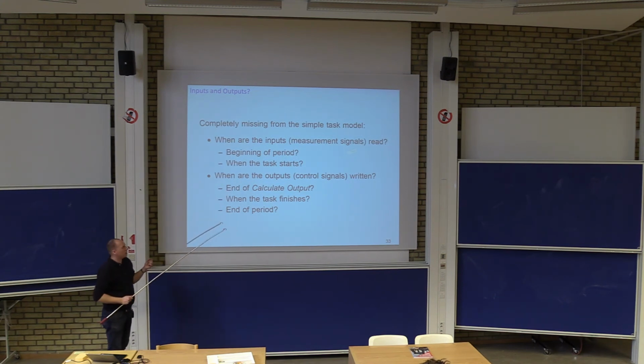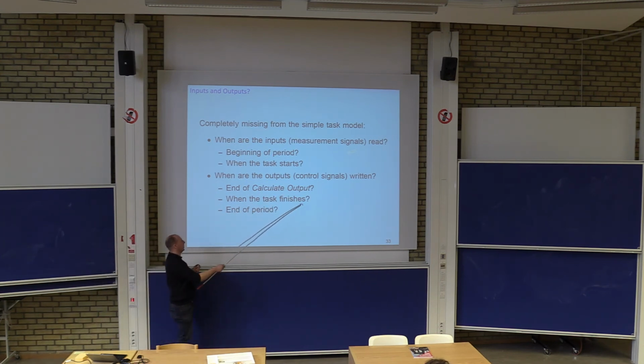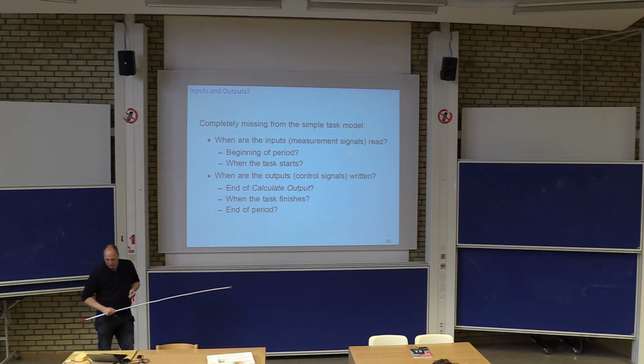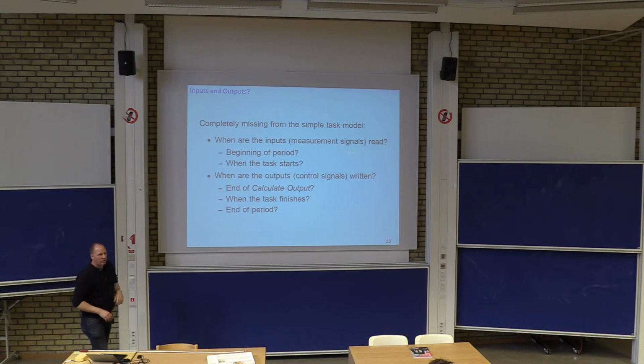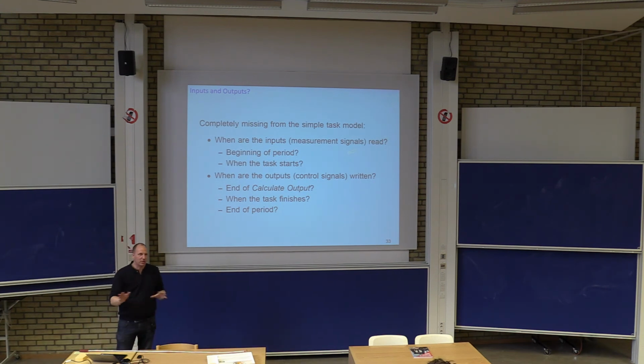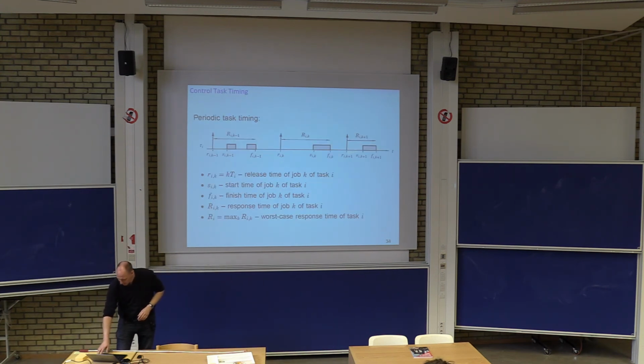When do we actually send out the control signals? Is it when we're done with the calculation, or when the task finishes, or at the end of the period? This all affects the control performance, but it's not really taken into account in the analysis.